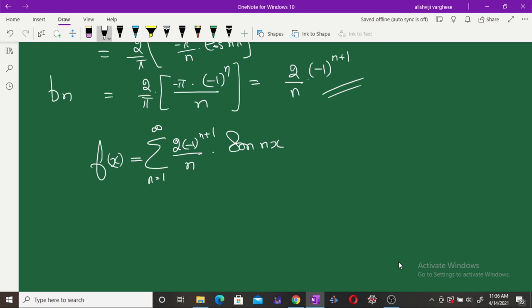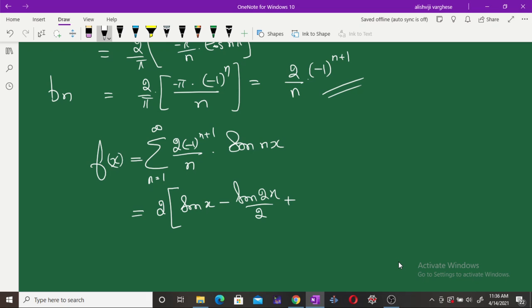If we expand it, what we have is this 2 is a constant, then 2 into, as n takes value 1, we have sine x. Then when n is equal to 2, it is minus sine 2x by 2.